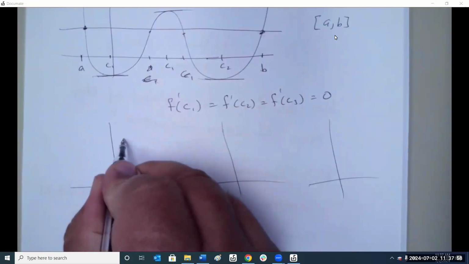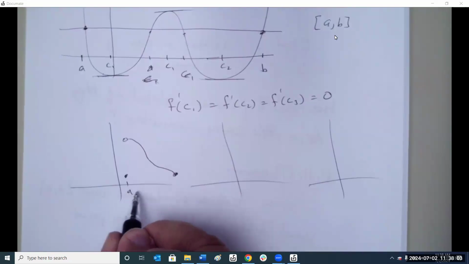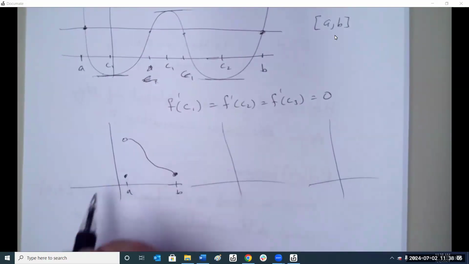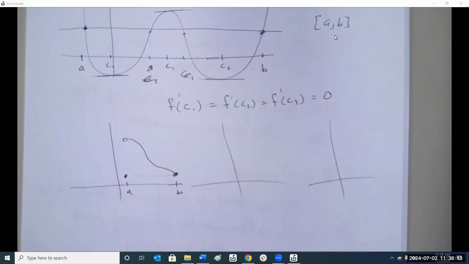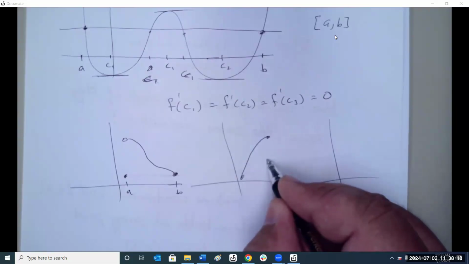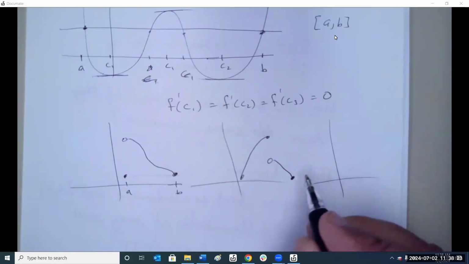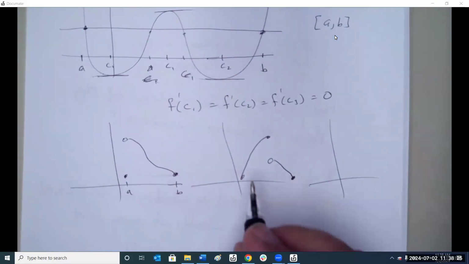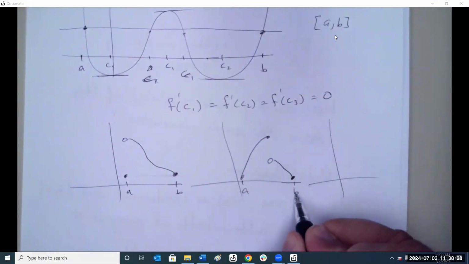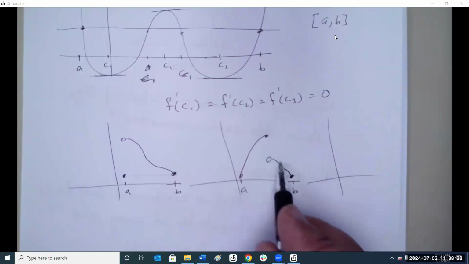What if this is A and this is B? They equal each other, but it's not continuous. It's a jump discontinuity in this one. So that's discontinuous. Here's A and here's B. F of A equals F of B, but it's not differentiable at every point inside there.